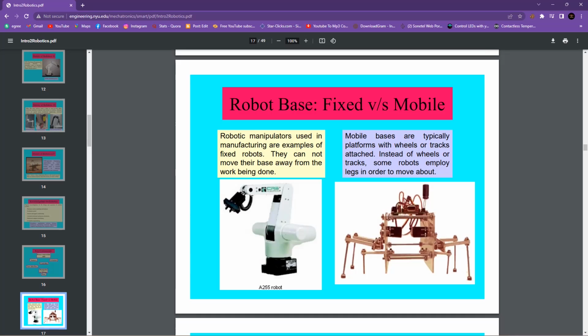Okay, so we've talked about the fixed, let's move to the mobile. The mobile bases are typically platforms with wheels or tracks attached. These robots can move from place to place by themselves. For example, the Mekamon I was talking about, which was built by Silas Adekunle, a Nigerian, also from Africa here.